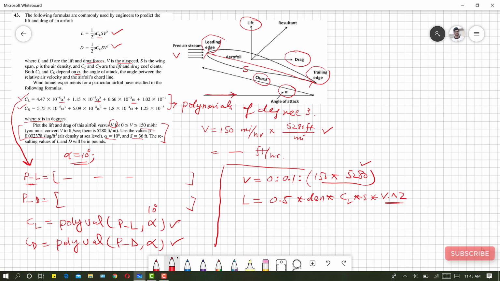We will do the element by element exponentiation. And similarly we will find D, and then we will use the plot function. So how to use the plot function? I will write plot, and then V. V will be on the x-axis, and the lift will be on the y-axis.